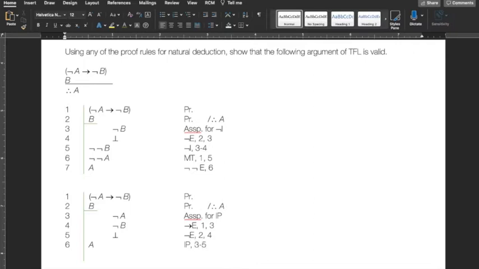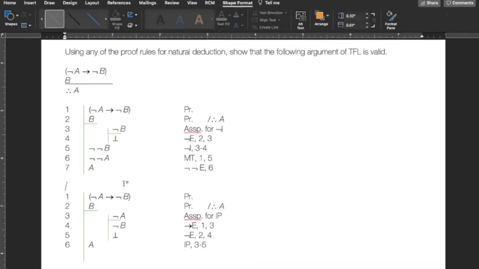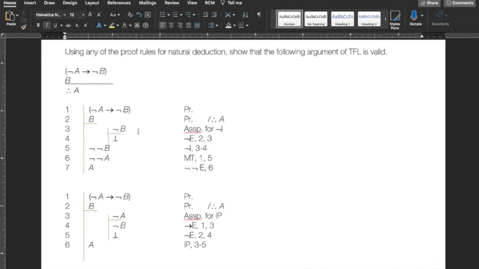So this is actually a proof of the same sentence with slightly different rules that was one line shorter. This illustrates that there's not always one way to get to the conclusion, so sometimes you can try different things and see what works. And finally, I just want to show that I've gone back in here and filled in the lines to mark our subproofs so it's clear what our assumptions are and what the scope and continuation of the subproofs are.